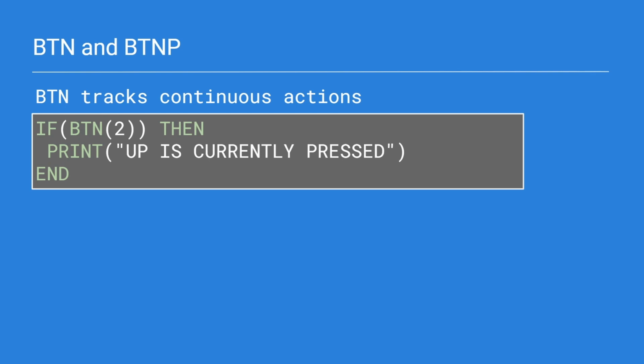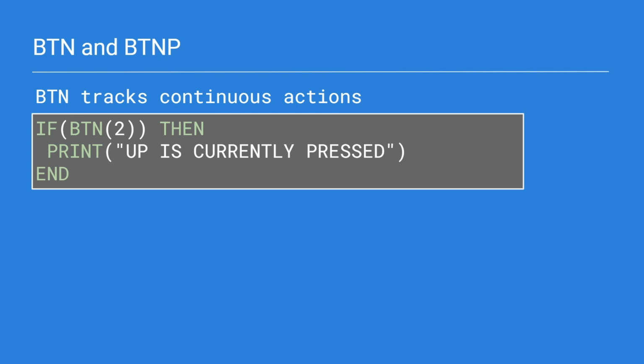By the way, something important to note is that the instruction btn already returns either true or false, depending on whether the button is being pressed or not. So there's no need for us to use a comparative operator like equal equal, like what we did in the previous video, when it's being used within the if instruction.